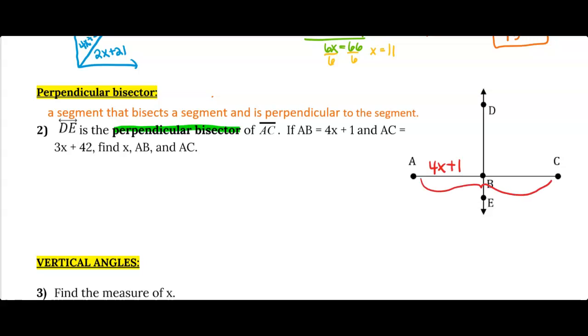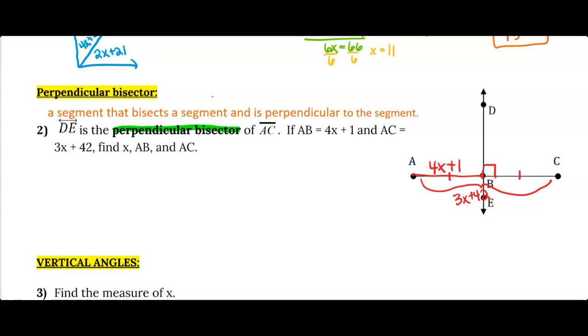So AC is this entire segment here, and AB is just this half. Since line DE is a perpendicular bisector, we know that it intersects segment AC at a right angle and cuts the segment AC in half.